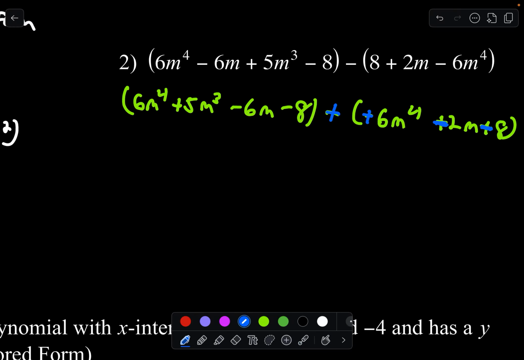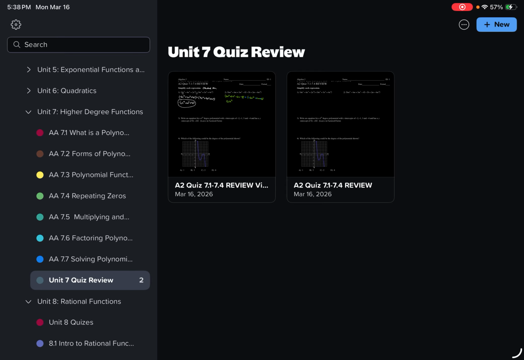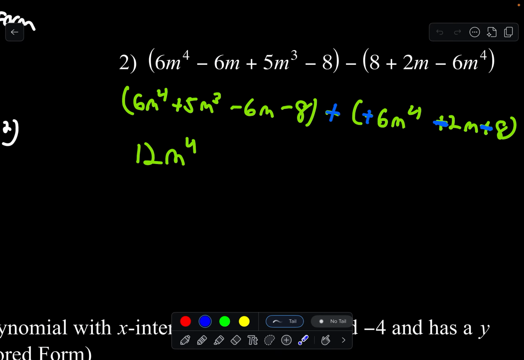That is 12m to the fourth. Then we have a 5m cubed. There's no m cubed over here, so there's nothing to add it to. So it just comes along. And then we have negative 6m minus 2m, which is negative 8m.